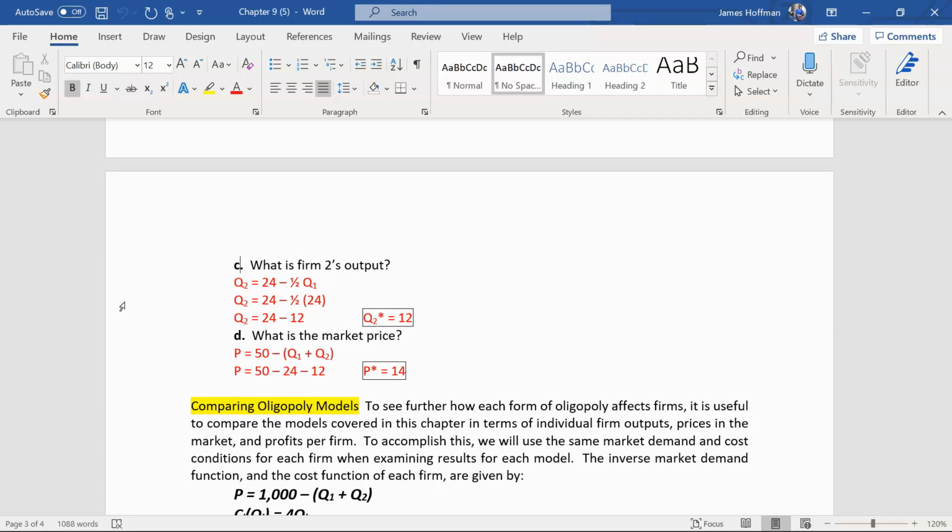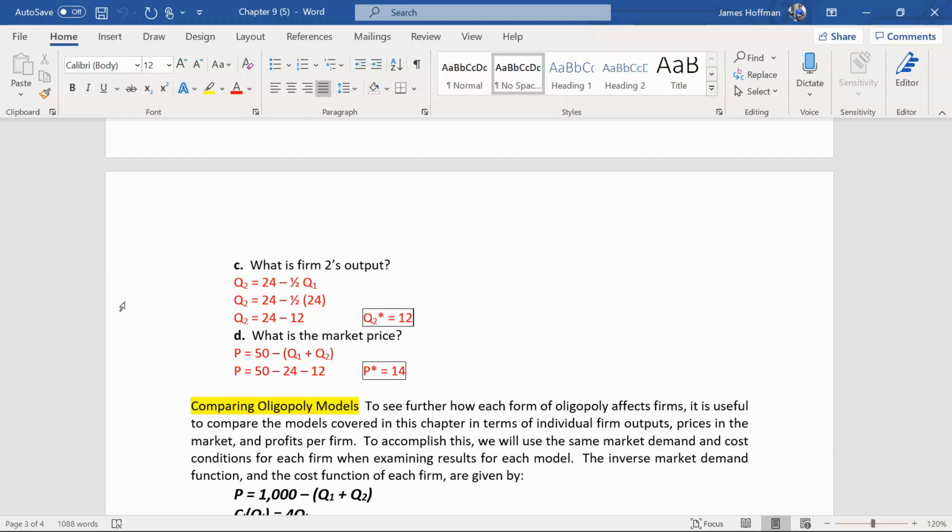Part 2. What is firm 2's output? So all you have to do now is plug in firm 1, the leader's output, into firm 2's reaction function. So here's firm 2's reaction function. We know that firm 1 is going to choose an output of 24. So 24 minus 1/2 of 24, and we get 24 minus 12, and so the output of firm 2 is 12.